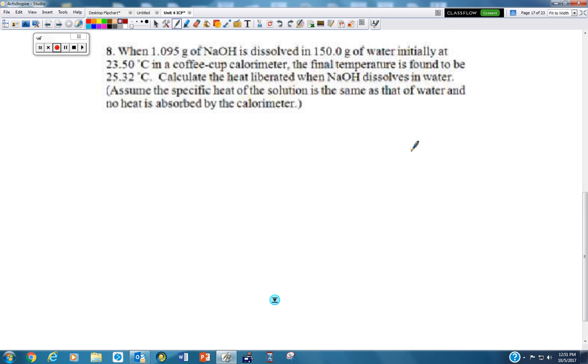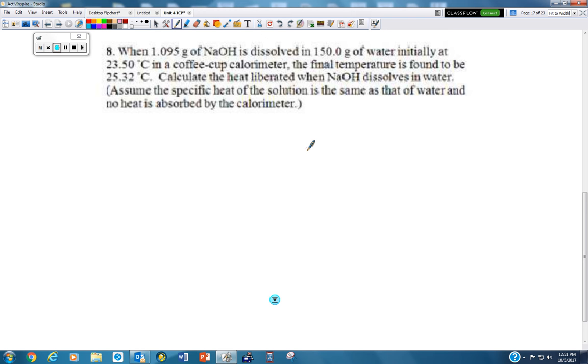All right, so we're looking at this first one, and it's when we have 105 grams of sodium hydroxide dissolved in 150 grams of water, initially at 23.5 degrees Celsius in a coffee cup calorimeter. The final temperature is found to be 25.32. Calculate the heat liberated when sodium hydroxide dissolves in water.